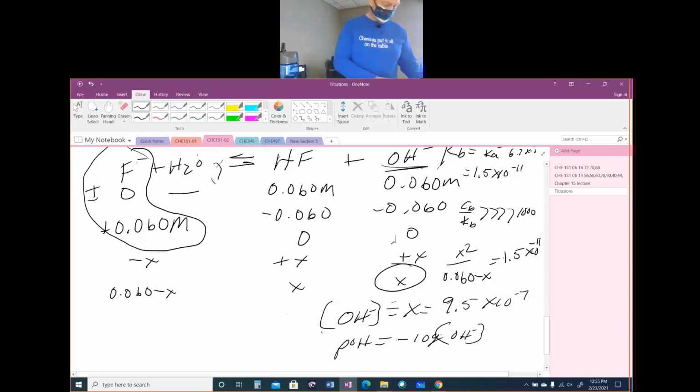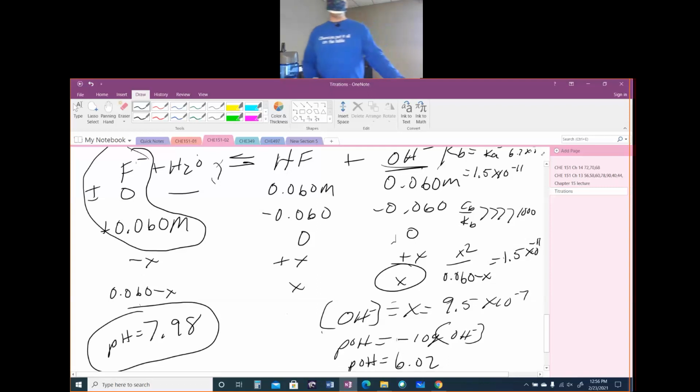So you take the negative log of that number, and that gives you a 6.02 as a pOH. And then we know that our pOH plus our pH equals 14. And so that is a 7.98 pH.